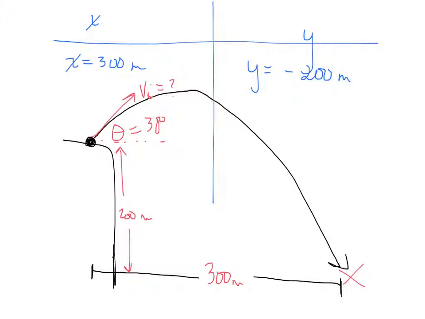So in the x direction, we only ever have one equation. When we're looking at projectile motion, the x direction only can ever be one specific equation that does not involve acceleration. What equation is that? We have four choices, right?